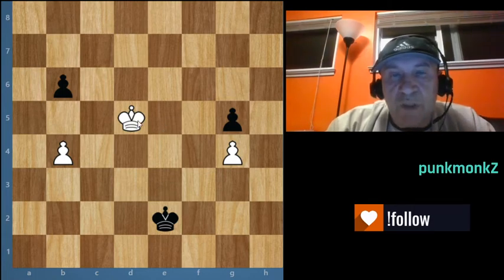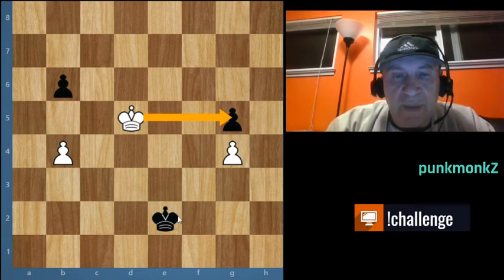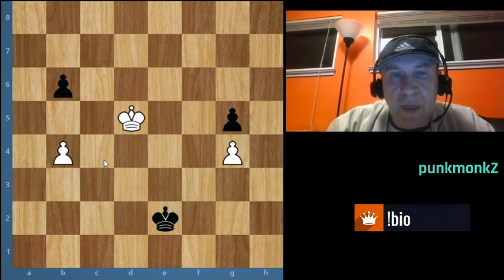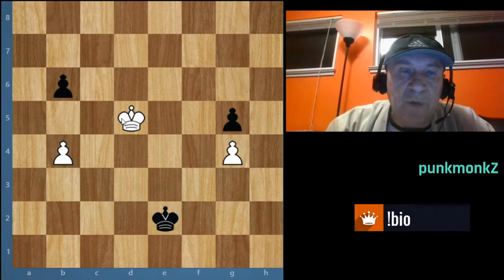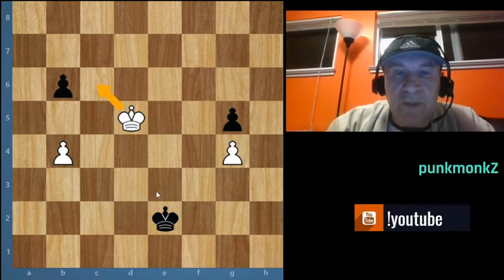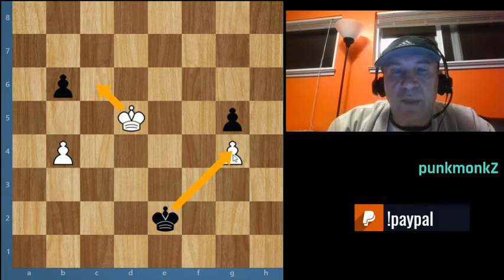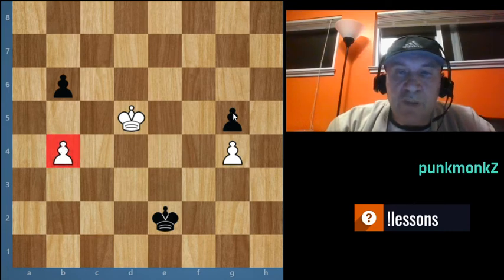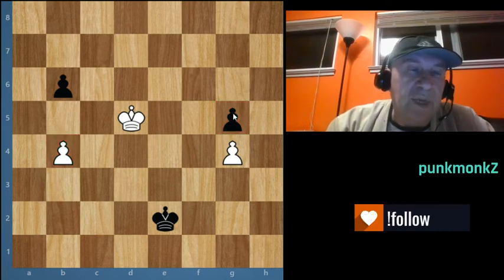If he goes for the G pawn, it means that black is going to go for the B pawn. And if white goes for the B pawn, white is going to go for the G pawn. So it becomes a race between the B pawn and the G pawn. And then you have to do the count.